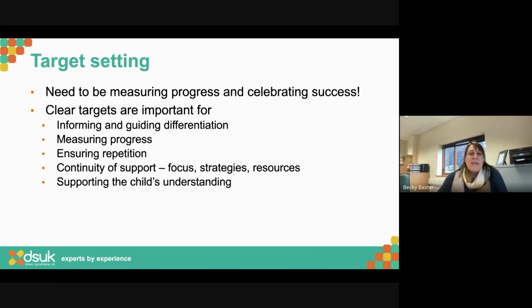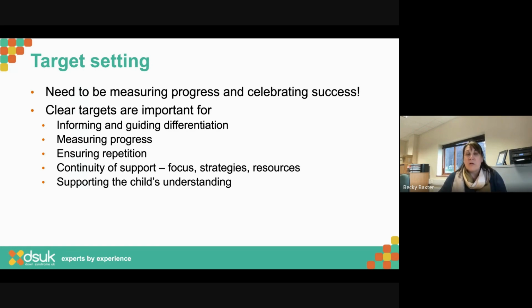Clear targets are important for informing and guiding differentiation. When you come to planning, you know exactly what you are going to be teaching or targeting, either in terms of a specific subject or topic, or in terms of developing literacy skills, and you bring that into your differentiation.